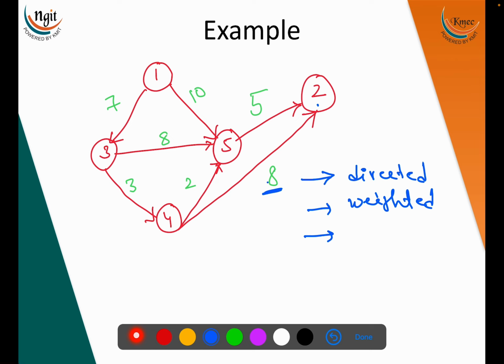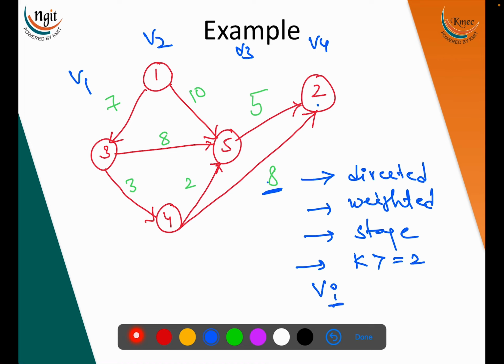And the third is that the vertices of this graph are partitioned stage wise. That means the vertices are in V1, V2, V3, V4. So the vertices are partitioned into k greater than or equal to 2 disjoint sets Vi, where i lies between 1 to k. That means a minimum of 2 stages are required to show it is a multi-stage graph. So here how many stages do I have? 4 stages I have. So it is a multi-stage graph.